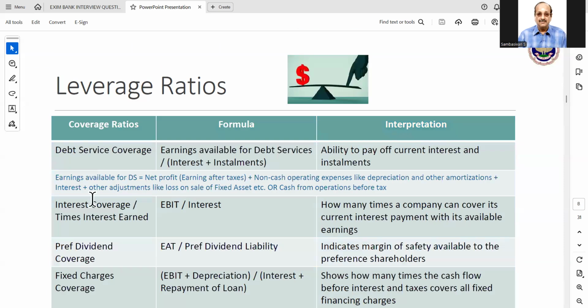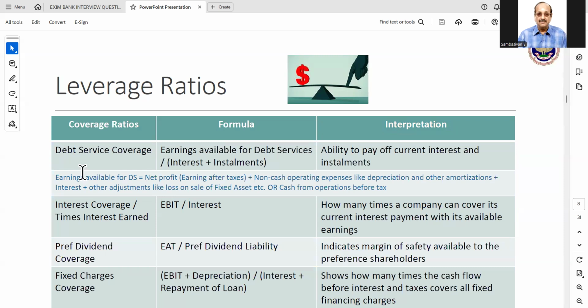Then coverage ratio, debt service coverage ratio, an important one in the case of banks giving term loans. Earnings available for debt service divided by interest plus installments. Nice, they have given it very well. Ability to pay off current interest and installments.